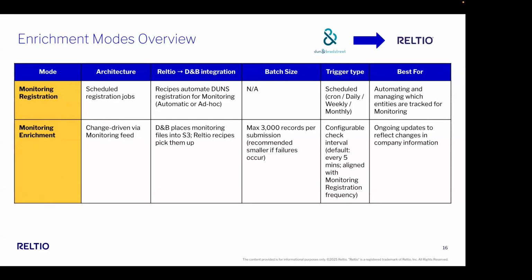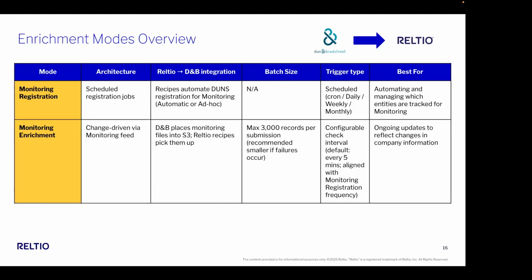I also mentioned that the only monitoring notification type we support as a Reltio capability is the full product notification from DNB. So these monitoring enrichment files, or seed files, that come in from DNB are clearly change driven. That's where the S3 bucket comes into the picture. DNB places these monitoring files into that S3 and the recipes pick them up.